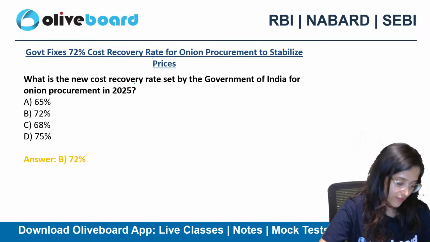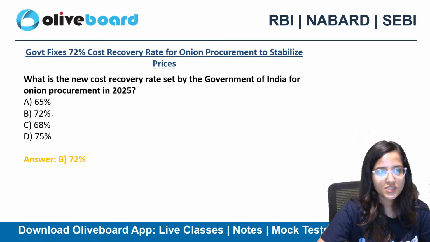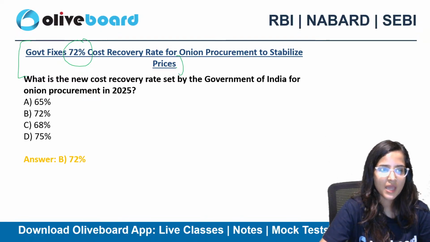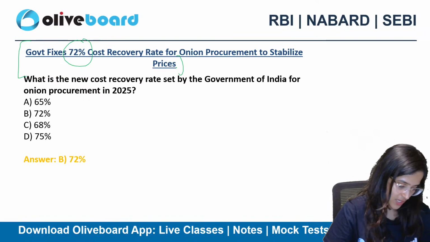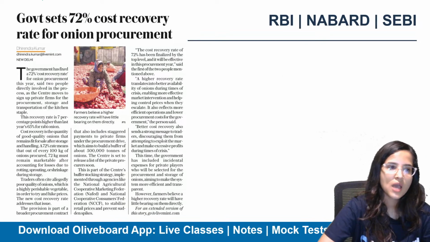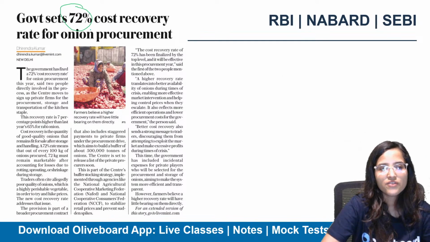The answer is 72%. Okay, so this was the article. Government fixes 72% cost recovery rate for onion procurement to stabilize prices. So it is 72%. Chetan, Bhakti, Atithi, all of you are absolutely correct. So here you can see the headline, 72% cost recovery rate for onion procurement.